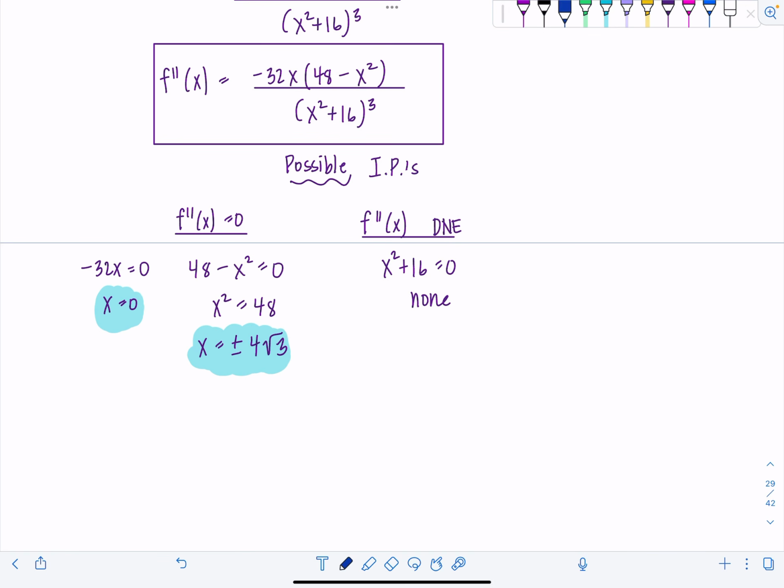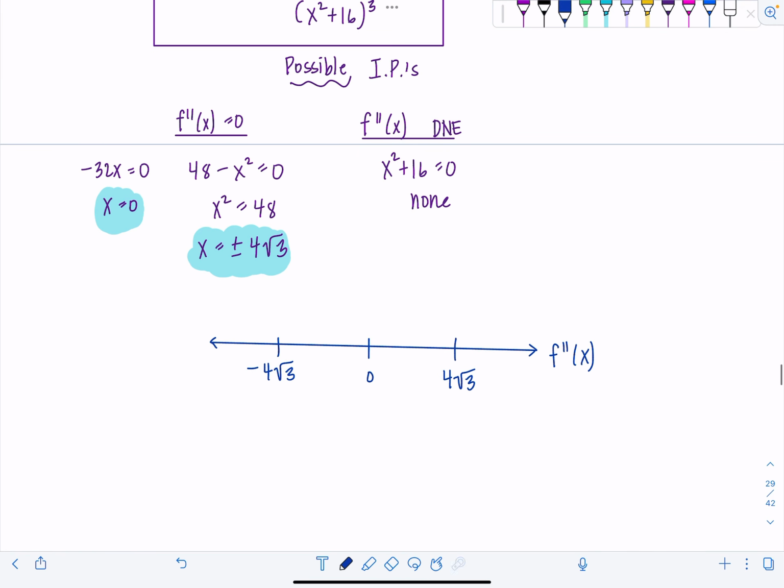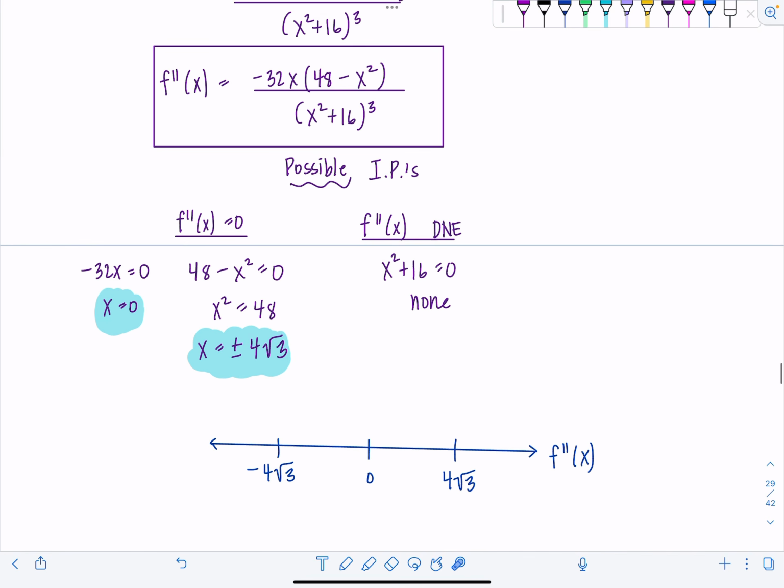So now, much like when we found local extrema, you're going to make another number line for f double prime of x and list those values that we just found: negative 4 rad 3, 0, and 4 rad 3. This time I have 1, 2, 3, 4 intervals to test, and you're going to plug them into the second derivative, right up here.